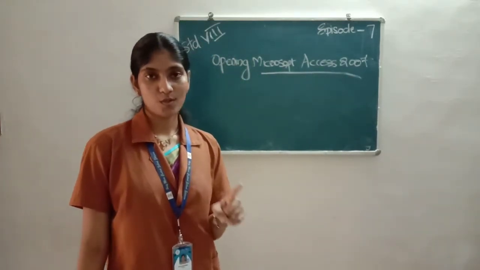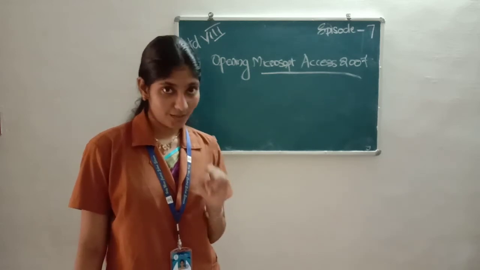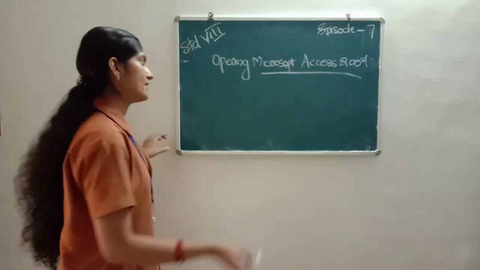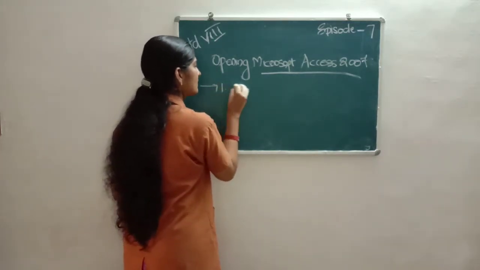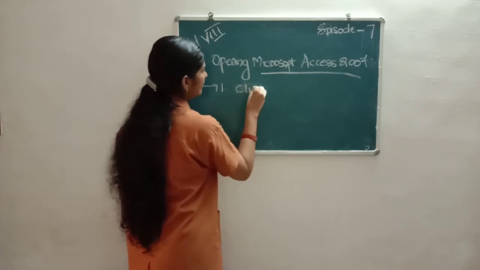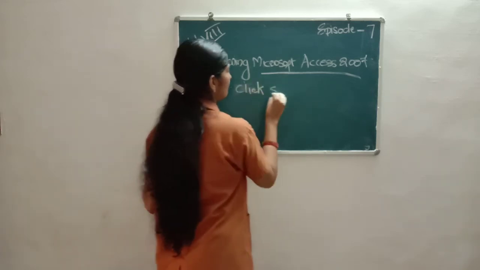First, if you want to open any application in Windows 7, first you have to go where? The Start button. So that is the first step. Go to the Start button and click it.